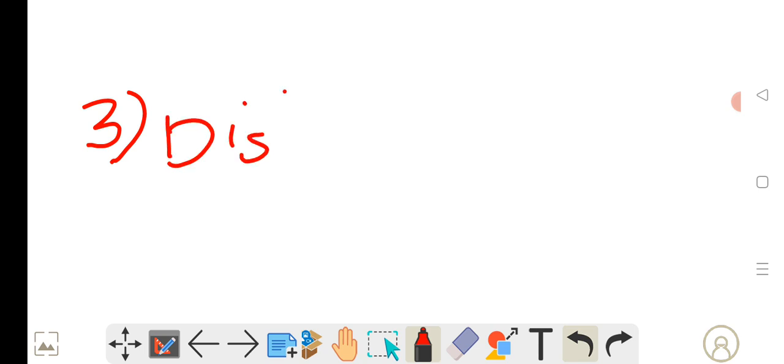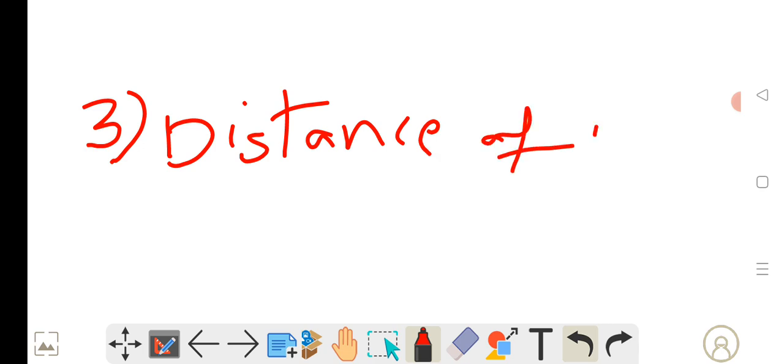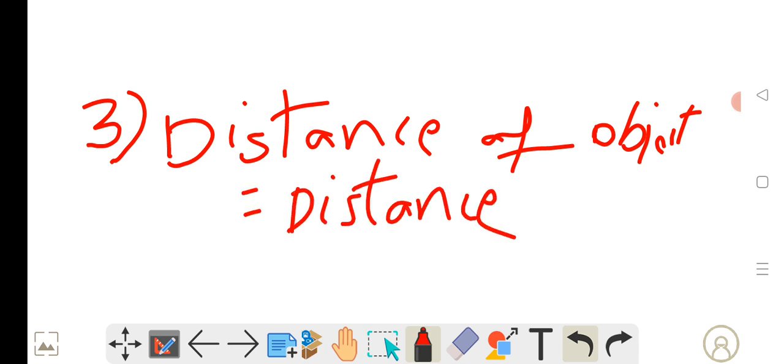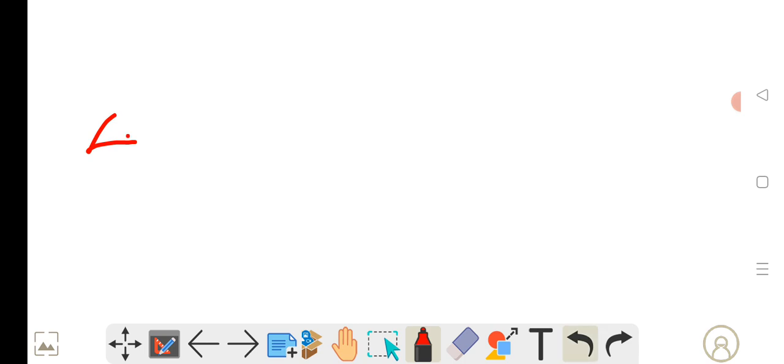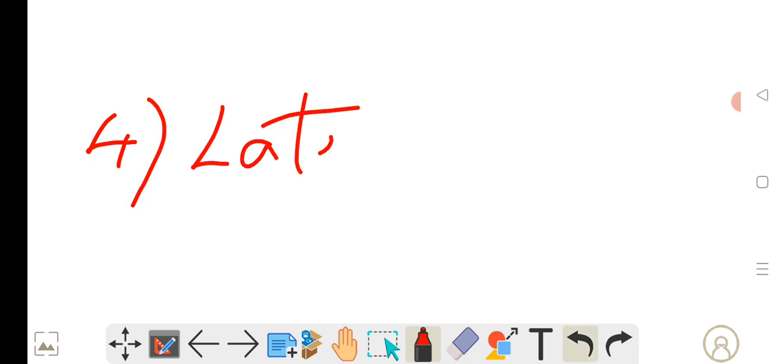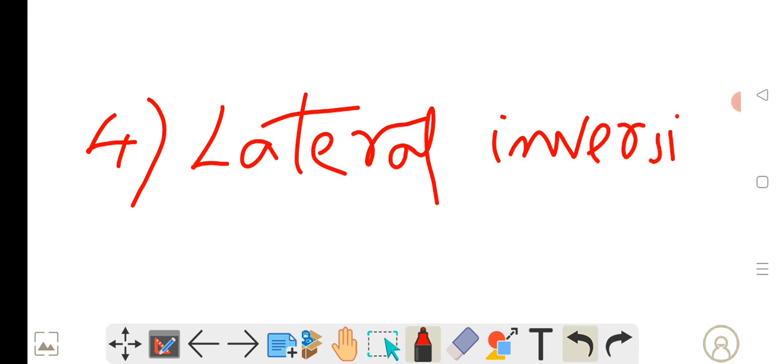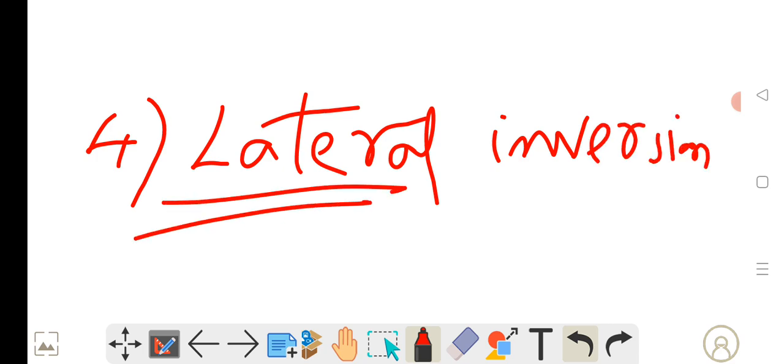Next, distance. Very, very important. Distance of object is equal to distance of the image. Next, lateral inversion. In 1 mark they can ask what is lateral inversion as well. So remember, lateral means side, inversion means reversing.